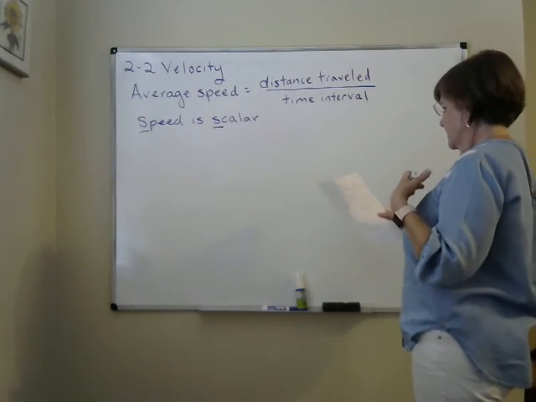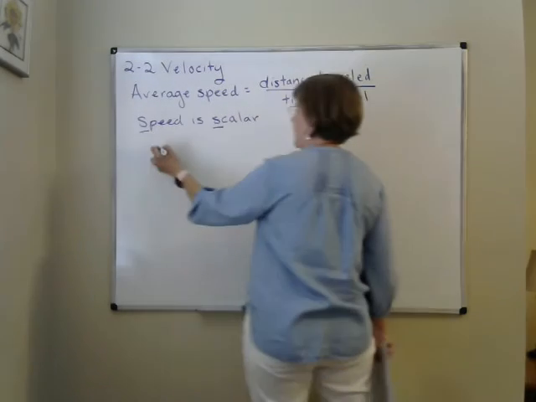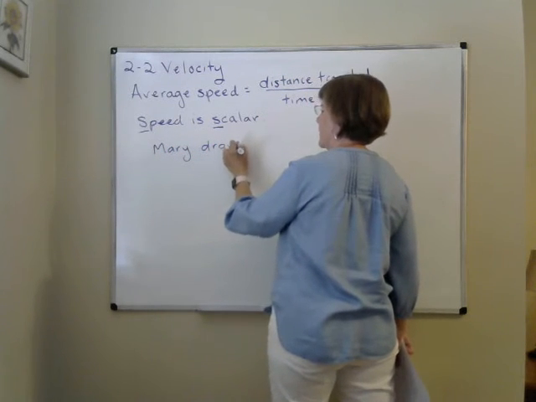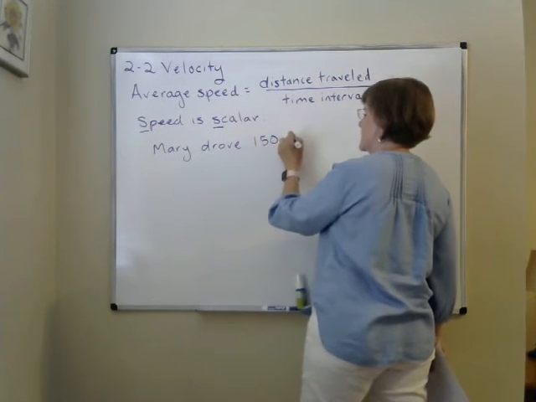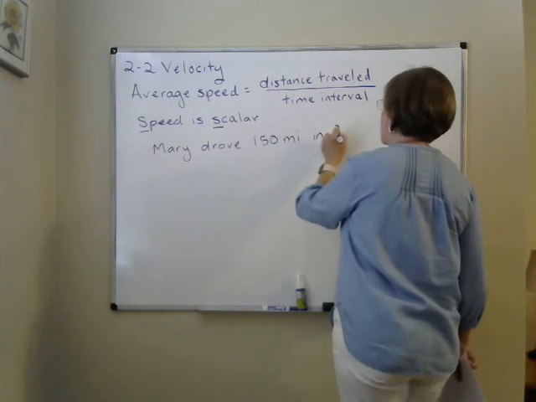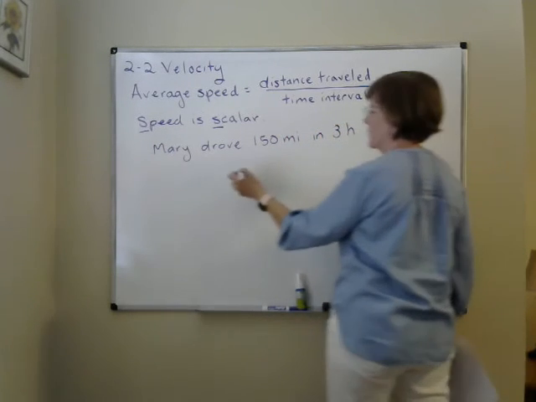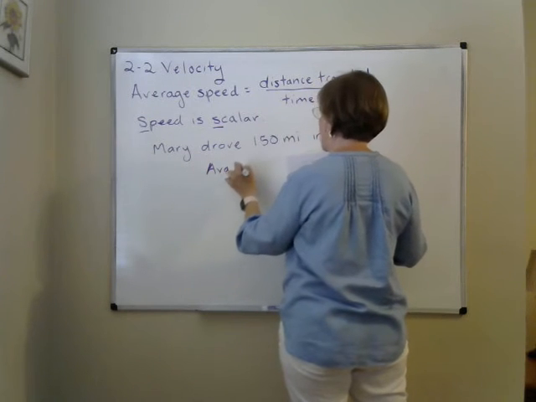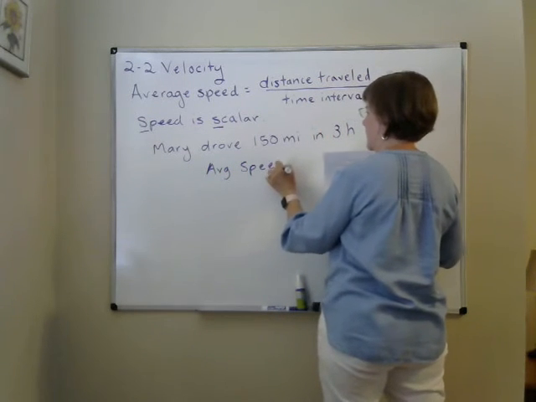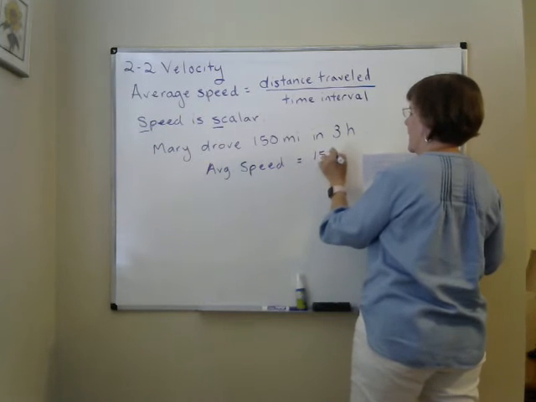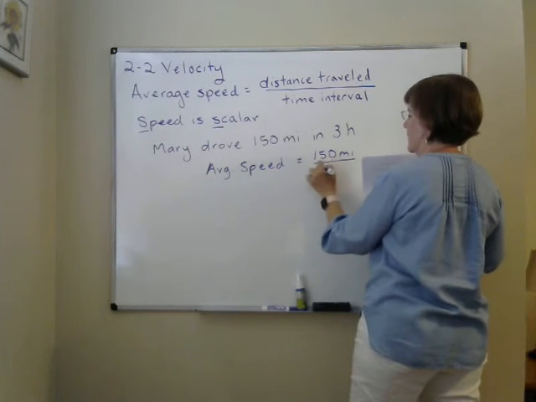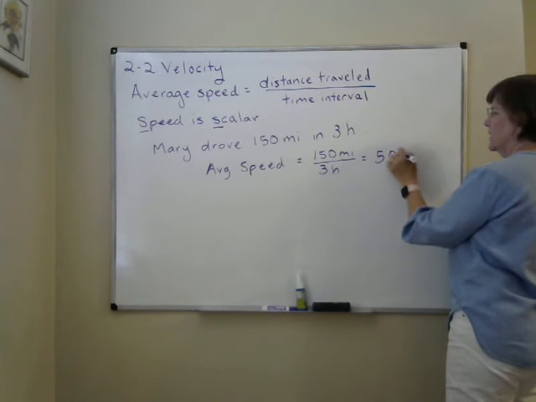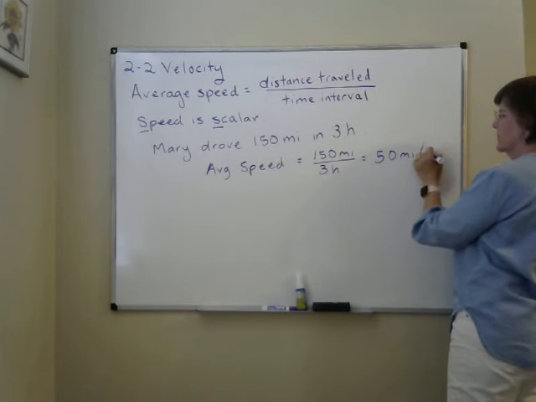So, if I know that Mary drove 150 miles in 3 hours, then I can find her average speed by saying 150 miles over 3 hours is 50 miles per hour.